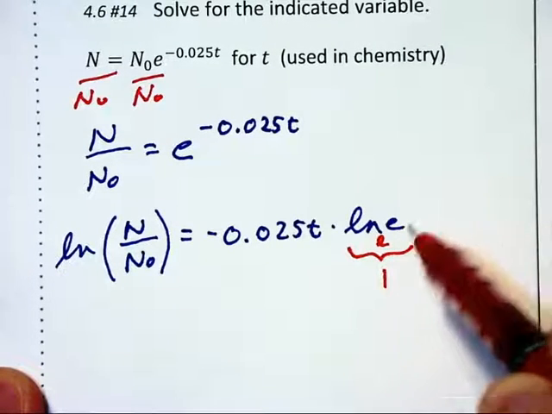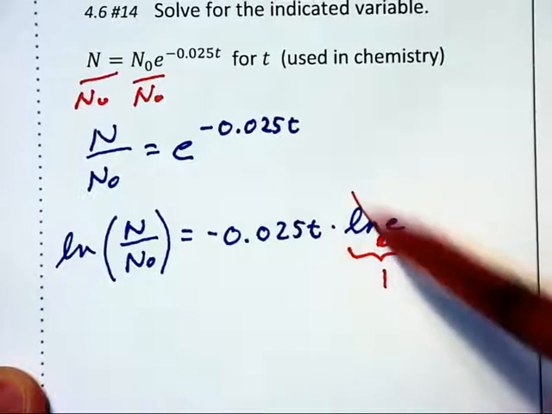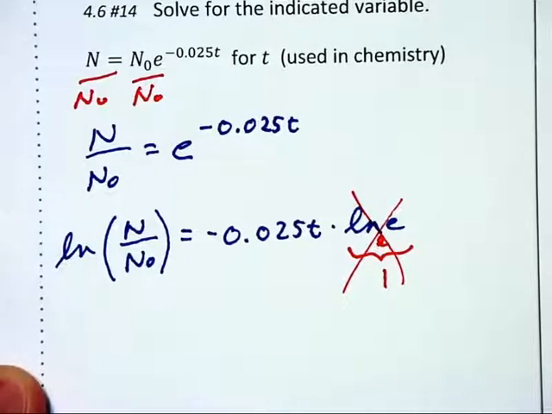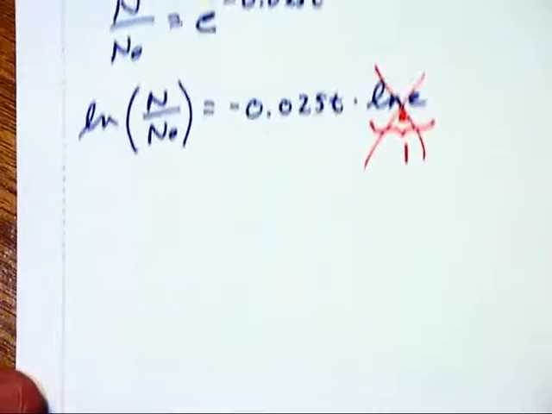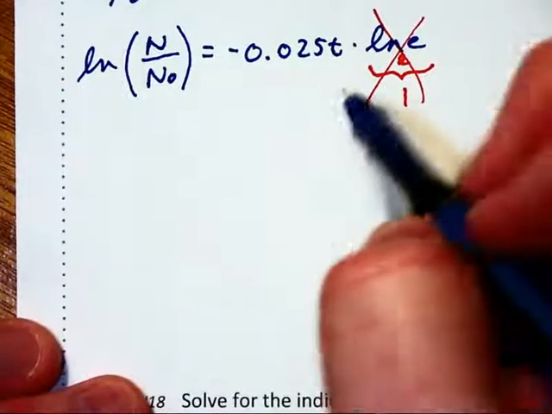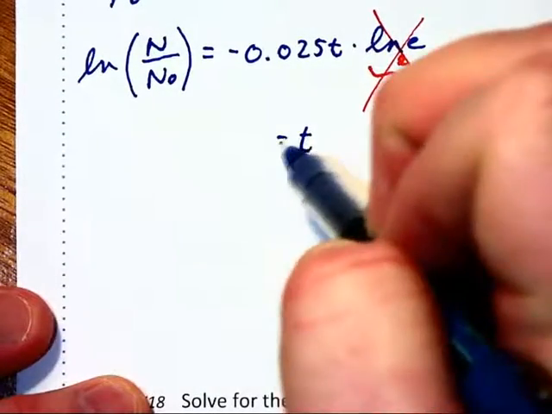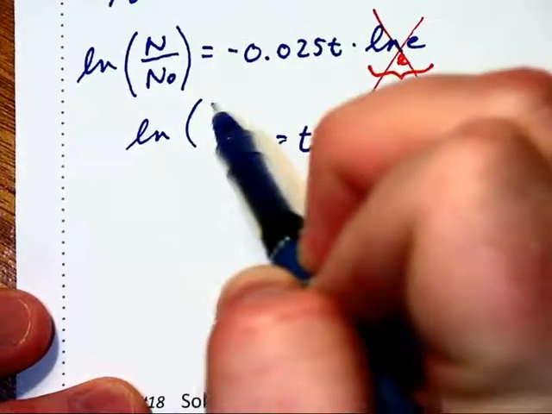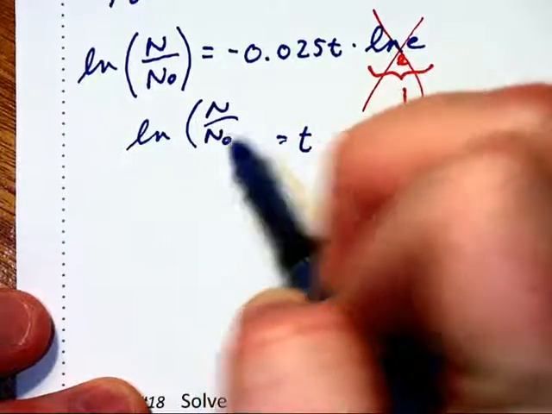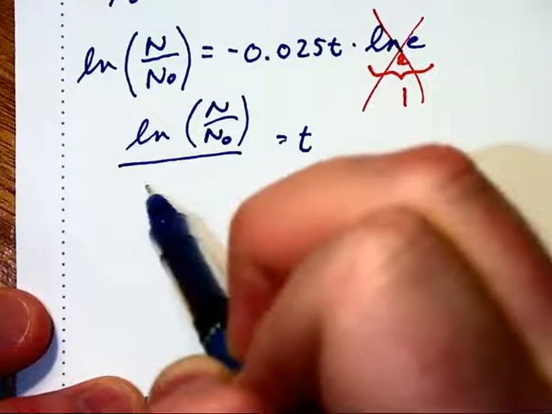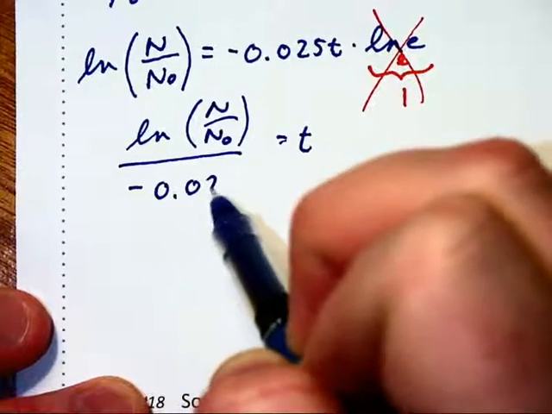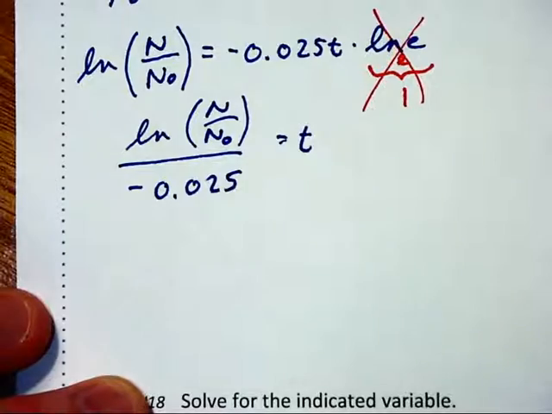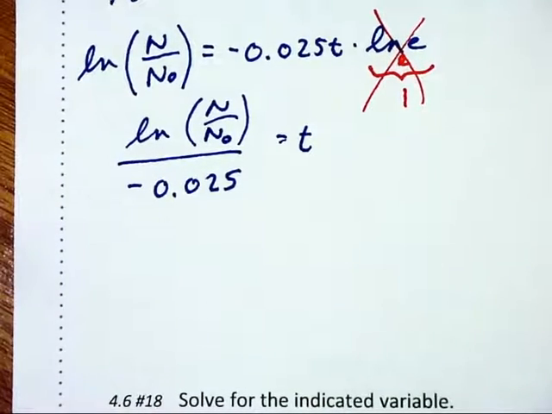E to the first makes e. So we can pretty much just cross that part out and just have the right side of the equation without that. And we can now solve for t by dividing by that decimal. We will have the natural log of n over n sub 0 divided by negative 0.025. And that would be the solution.